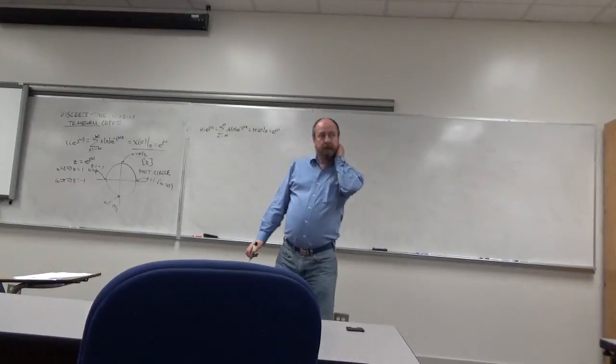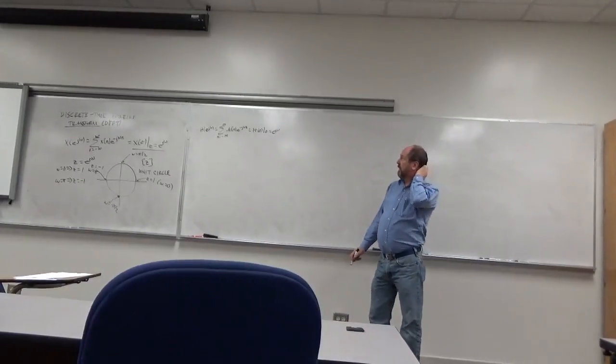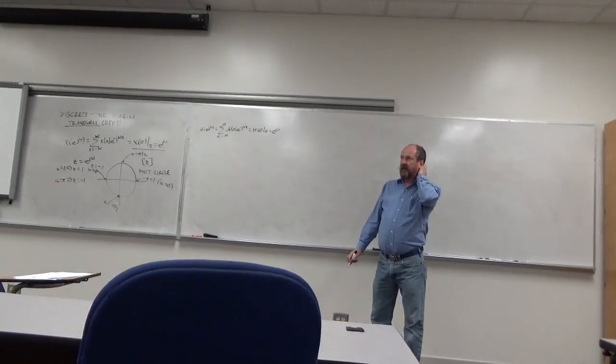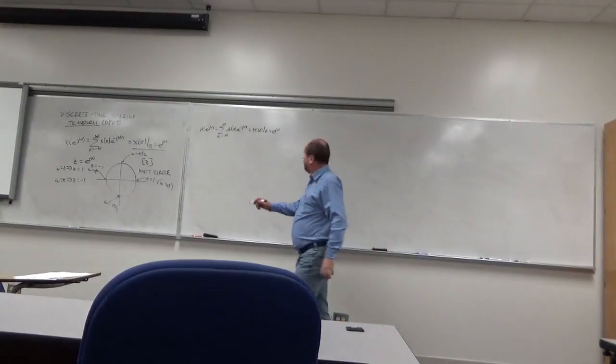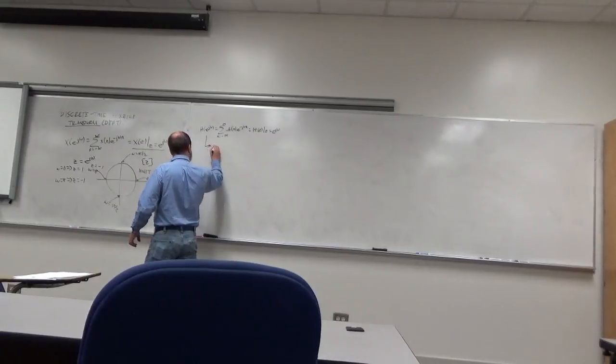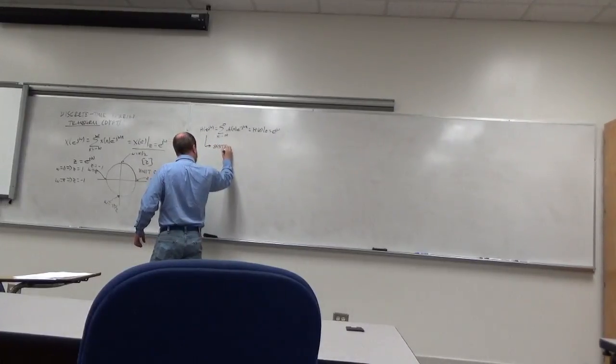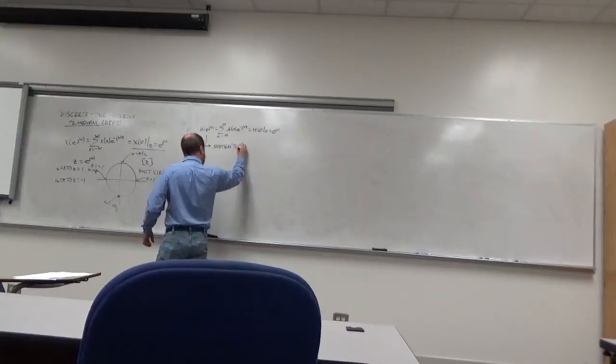Can I do that? Sure can. I can define anything I want to. It's just a question of whether it's useful. And this is actually useful. This is what we're going to call the system's frequency response.